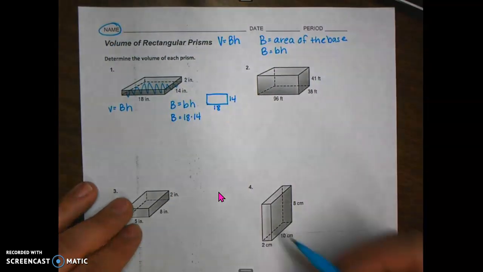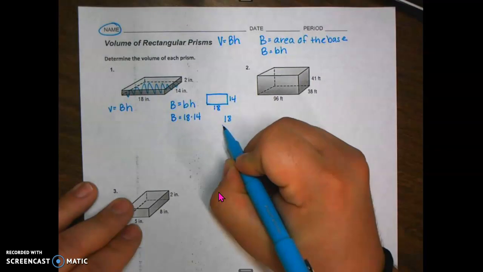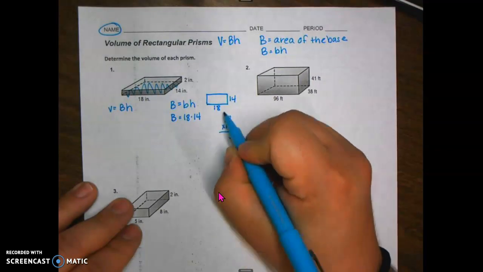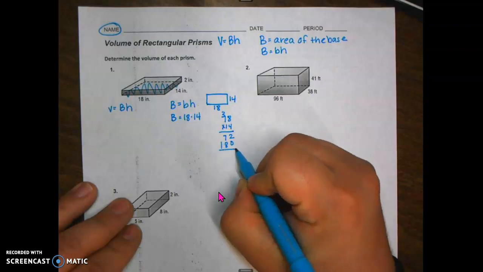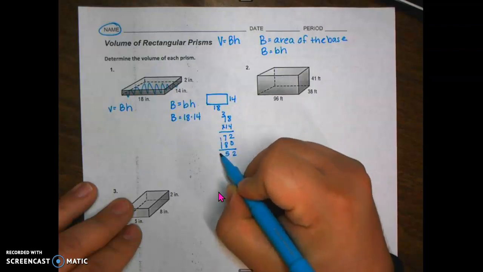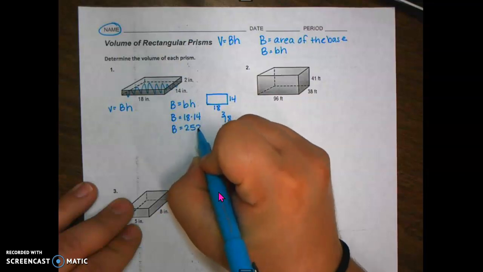So we're going to multiply 18 by 14. So the area of the base is 252.